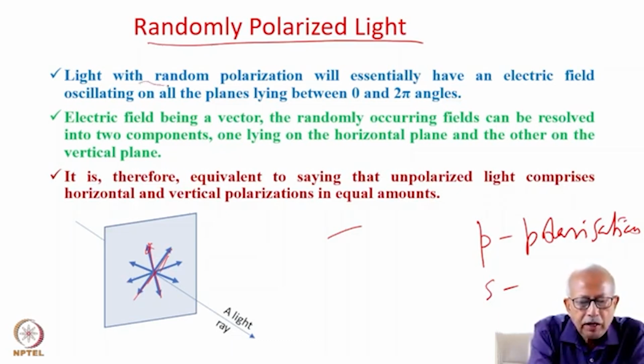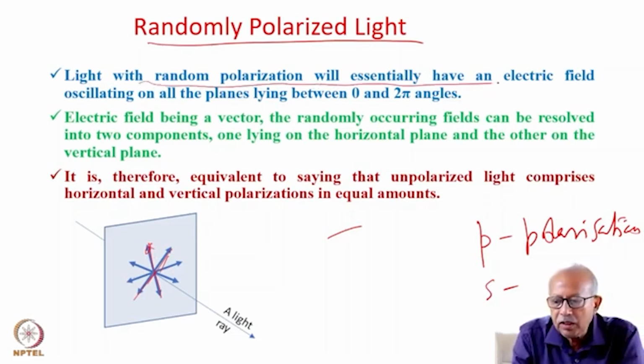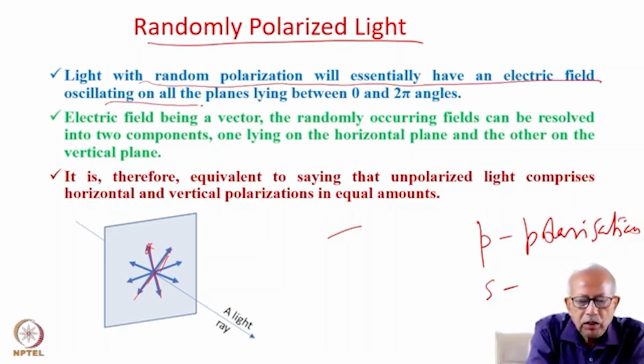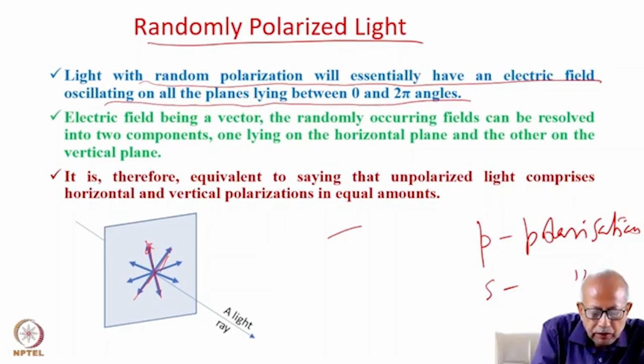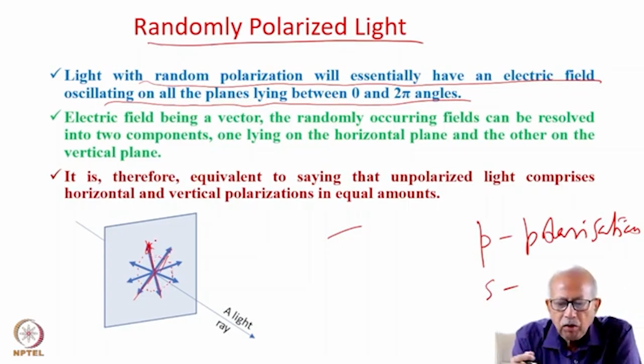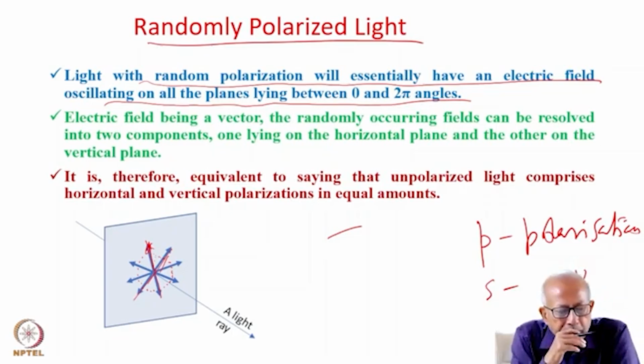So light with random polarization will essentially have an electric field oscillating in all the planes lying between 0 and 2 pi angles. If you take this as 0 degree, then this is rotating from 0 to 2 pi. So for a random polarization, the electric field will oscillate in all the planes lying between 0 and 2 pi angle.